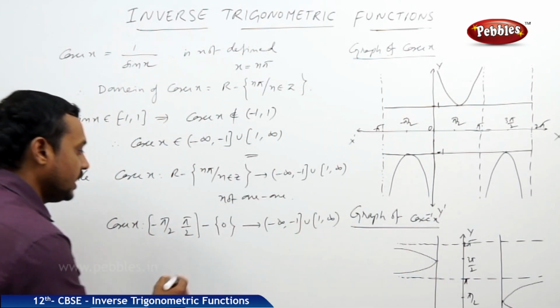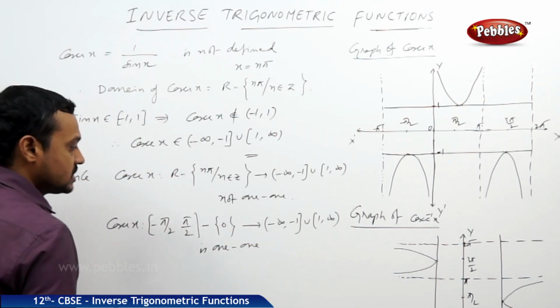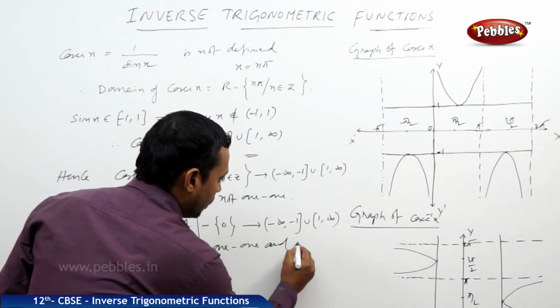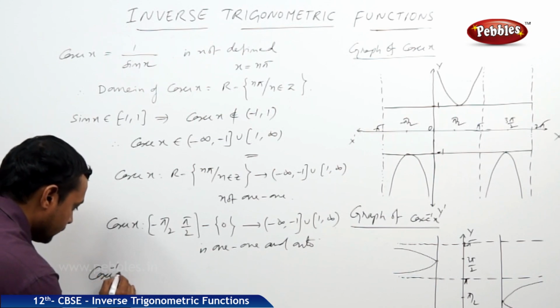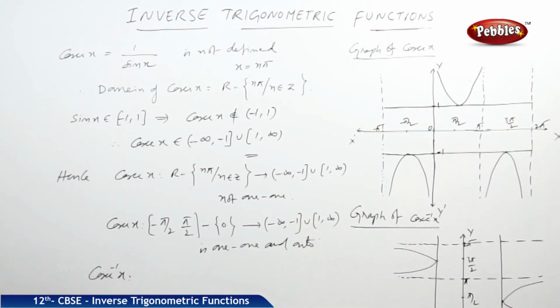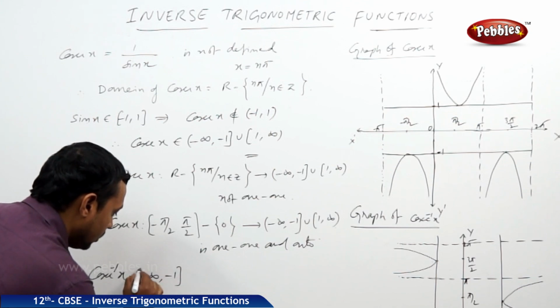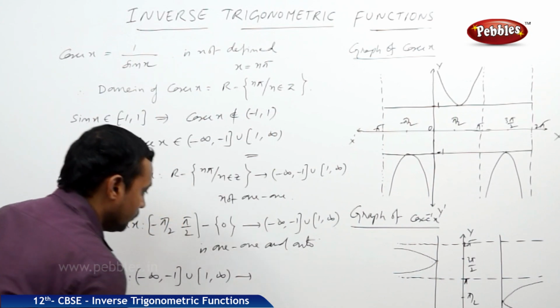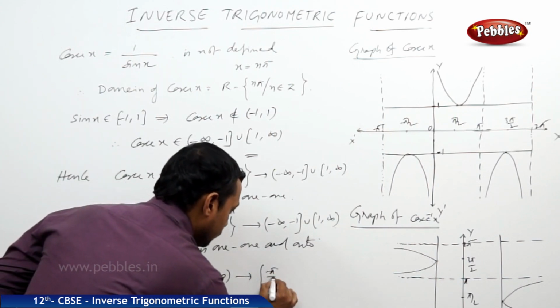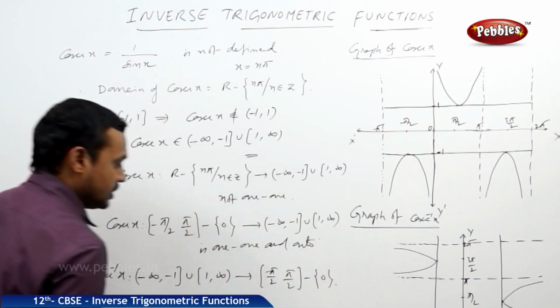Now, in this interval it is clearly 1-1. Clearly this function is 1-1 and onto. Therefore, the inverse of cosecant x, denoted by cosecant inverse x, is defined from minus infinity to minus 1 union 1 to infinity to minus pi by 2 to pi by 2 excluding 0.